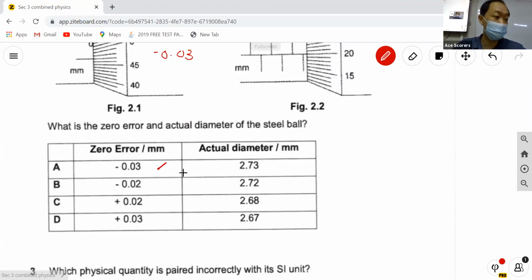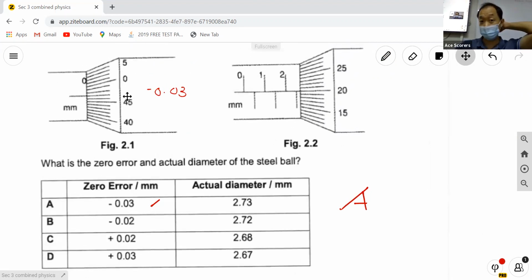Okay, so that's the answer, A. Because the zero error is negative 0.03, as we have seen over here. Then here, you see it shows exactly 2.7. Okay, 2.5, then plus 0.2, so 2.7, then you need to add 0.03, so the actual reading is 2.73.